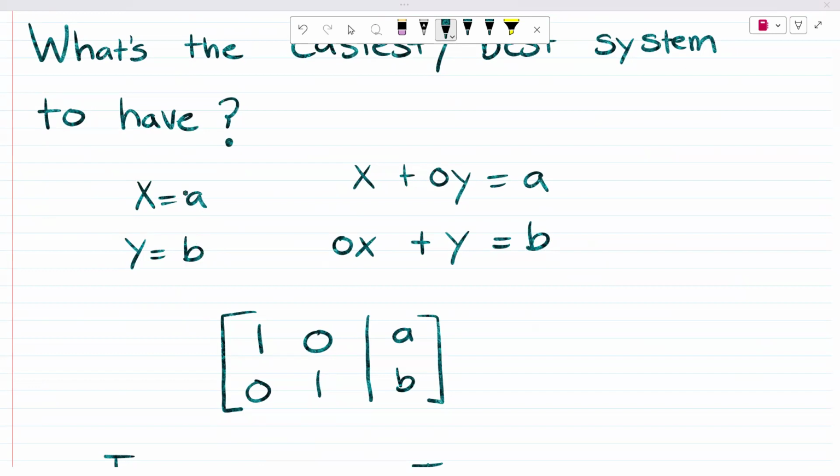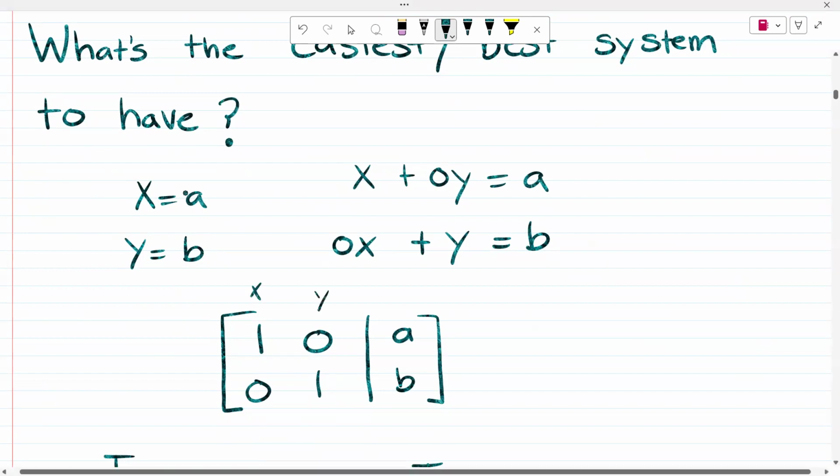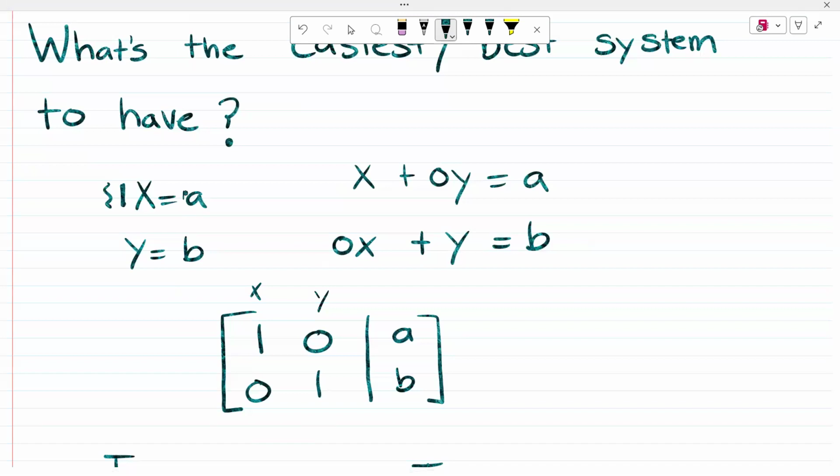So we go by rows, we go by columns. So this column is x and this column is y, and then we just use the coefficients. On the x column, we have a coefficient of 1, right? So x has a coefficient of 1, so that's why I put a 1 here. And then on the second equation, there's no x, that's why I put a 0 here.